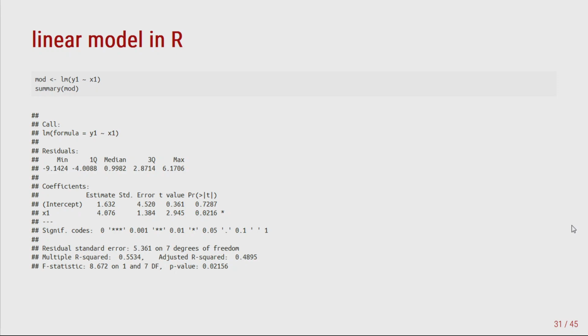So if we want to create a linear model in R, I'm creating a model called mod here. This is lm of y1 tilde x1. This is how we express a relationship in R, and this is the notation that we need to use for a linear model and for all the others as well.